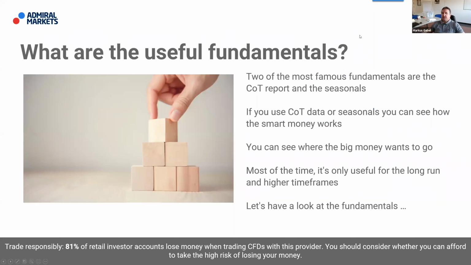Two of the most famous fundamentals are the COT, Commitment of Traders report, and the so-called seasonals. If you use COT data or seasonals, you can see how the smart money works, because the traders behind them have really huge accounts, billions or millions of dollars.